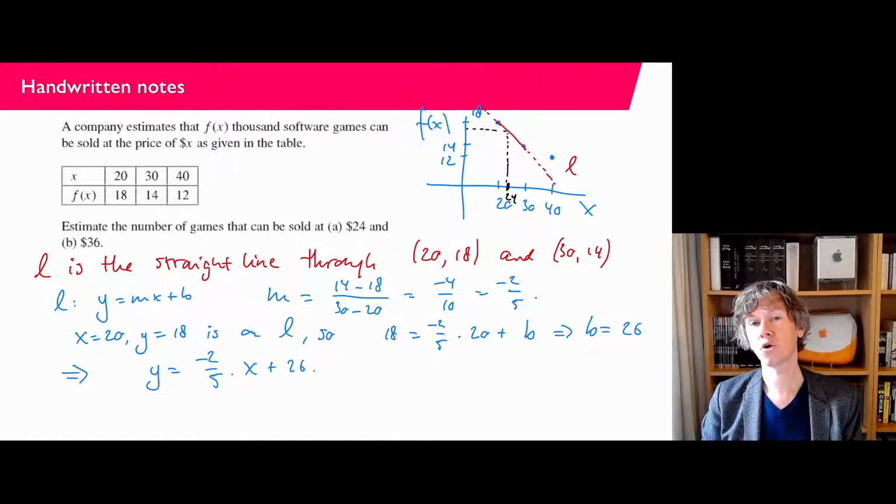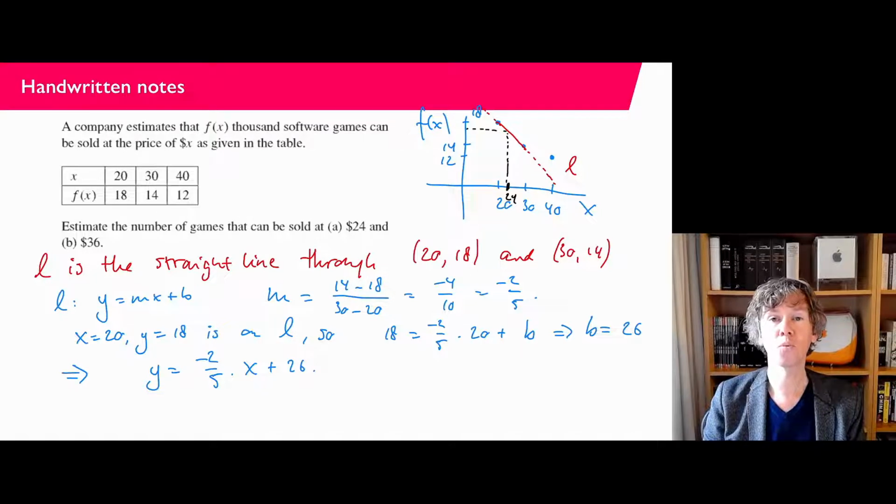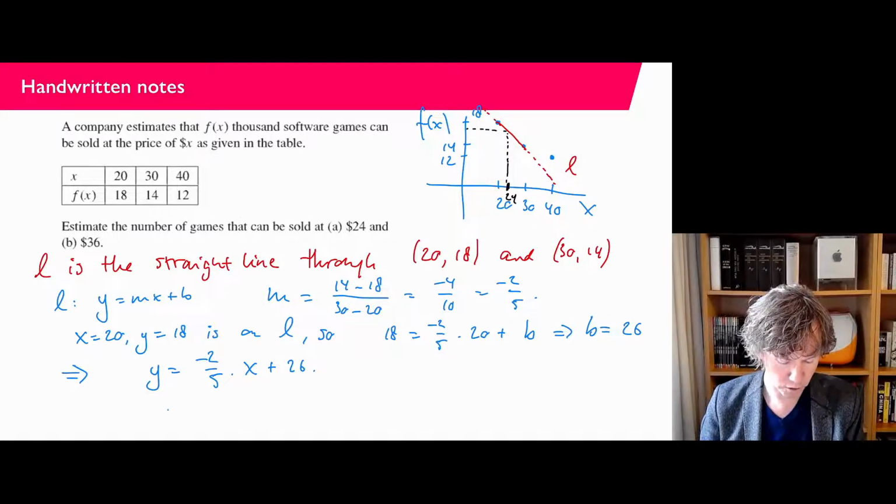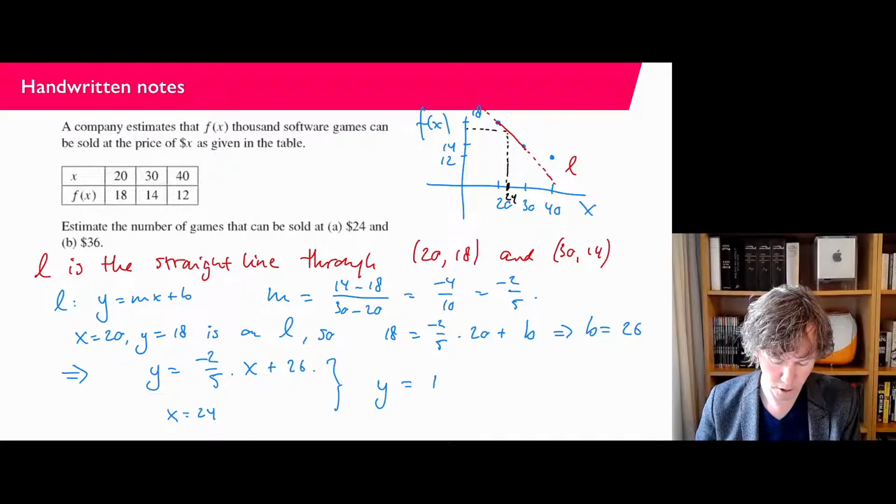And now if you look at the question, the question was find the y value for x equals 24. So if you take x equals 24, then from these two we find, if you do the computation, that y is 16.4.